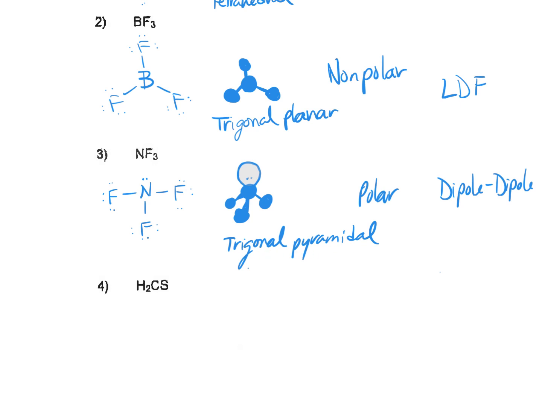This is going to be a polar molecule because electrons are going to be pulled toward the fluorine. It's going to create a partial negative and a partial positive charge on the top and bottom. Okay, just like I've drawn there.